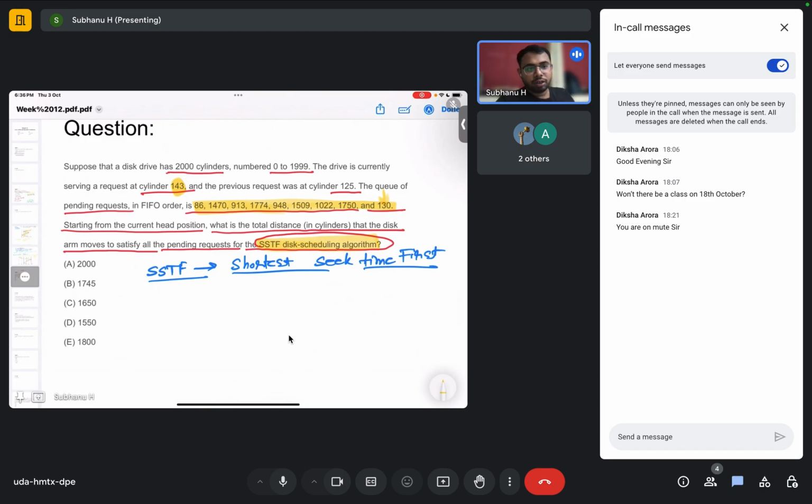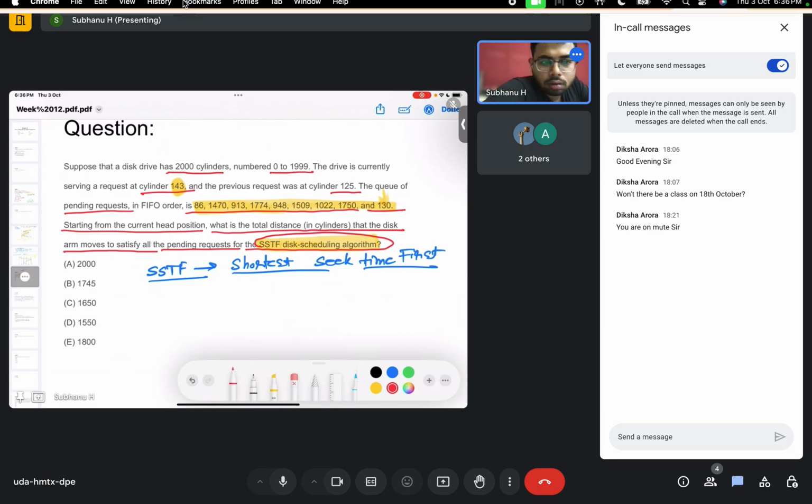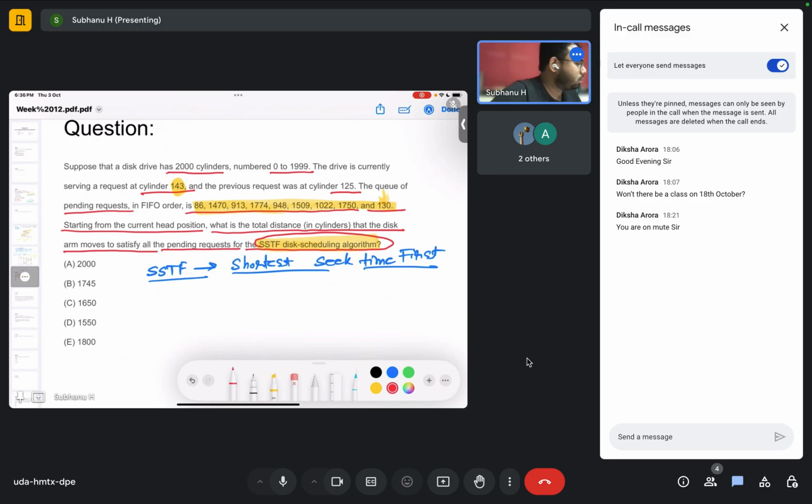So how many lines will you draw? Can you tell me how many lines you should draw?